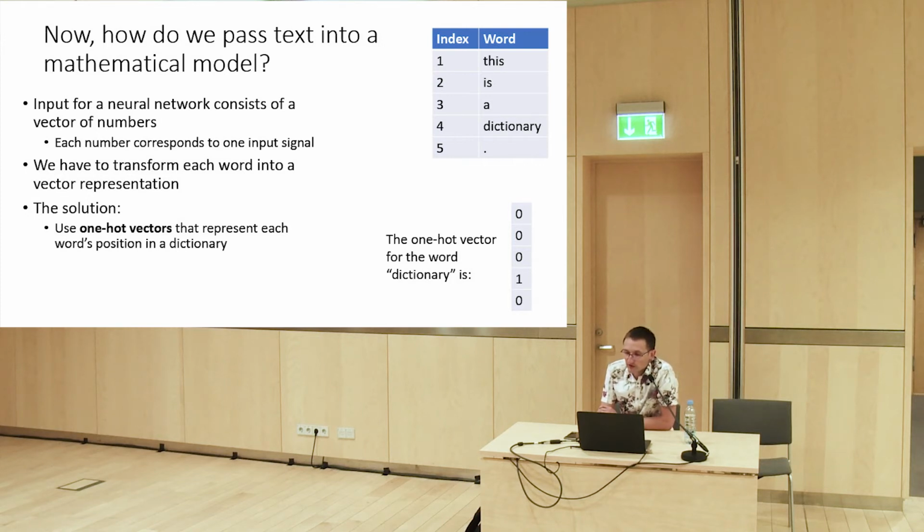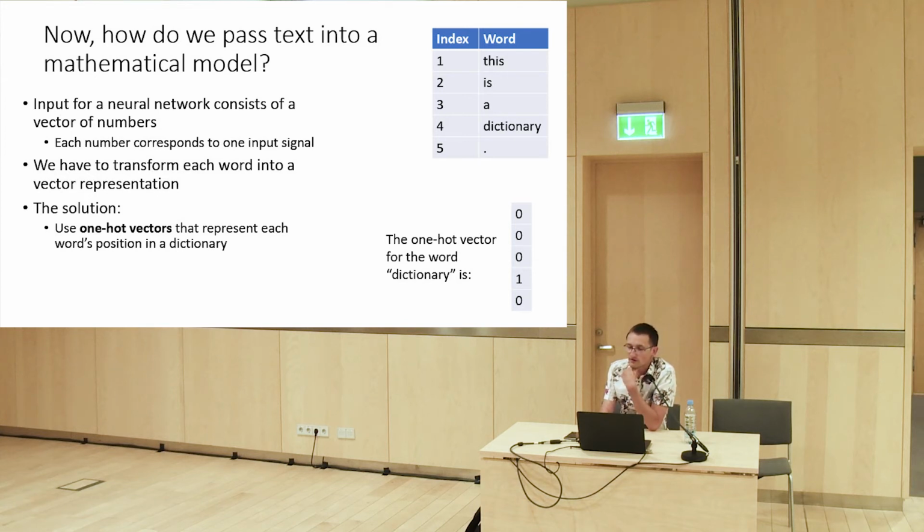A one-hot vector looks up the word in the dictionary and produces a vector which has zeros except for the position where the word is in the dictionary. So, for instance, for the word dictionary, the one-hot vector is 0, 0, 0, 1, 0, because dictionary was in position 4 in the dictionary.